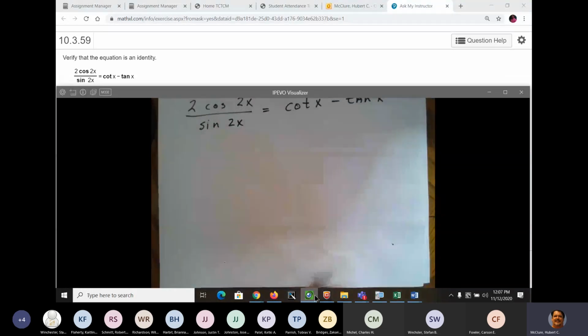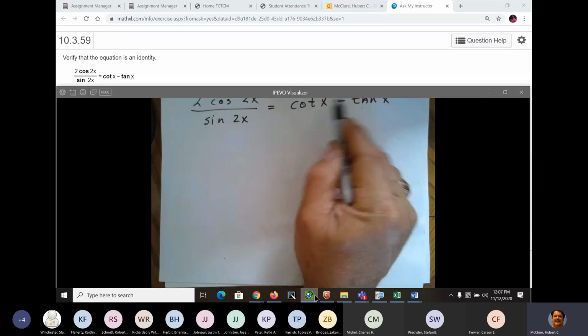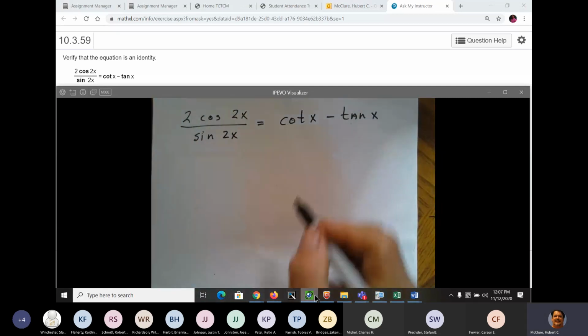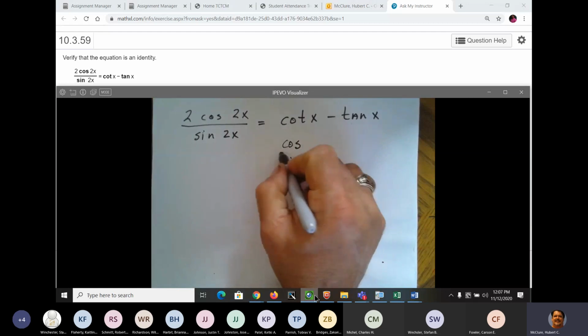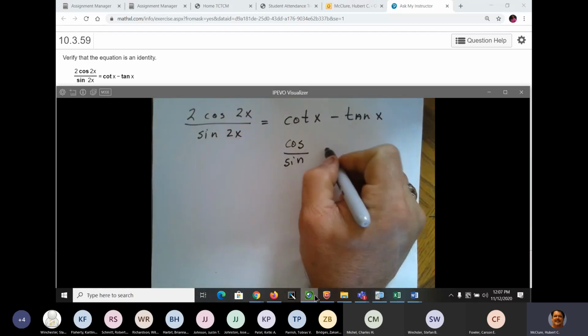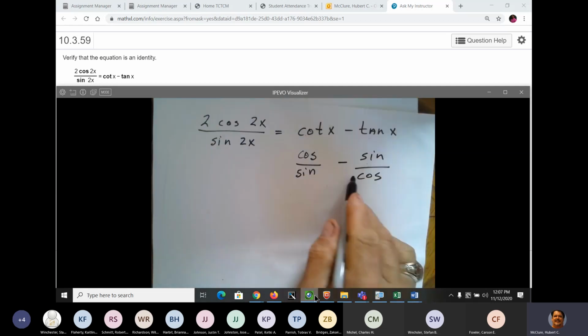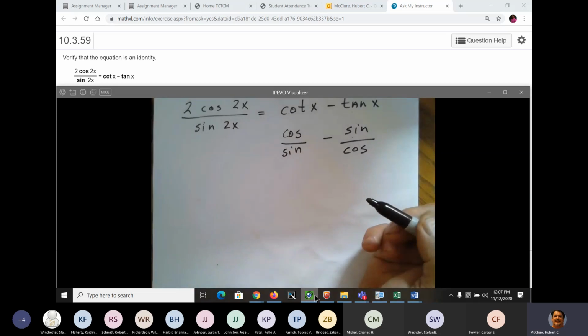And of course, the first thing you're going to do is notice this cotangent and tangent. I mean, that's a given. This is cosine over sine, and this is sine over cosine. You got 2 fractions, you get a common denominator.